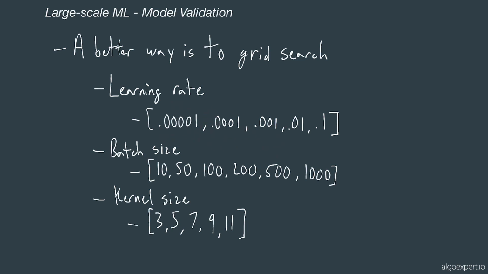So if we randomly searched, nothing would stop it from testing 0.001 and testing 0.0011. But in this case, it can only test through these values, so we will be guaranteed that we won't test two extremely similar values such that it may not have such an impact when it comes to testing it against the validation set. So grid search and random search are ways that we can typically tune hyperparameters.